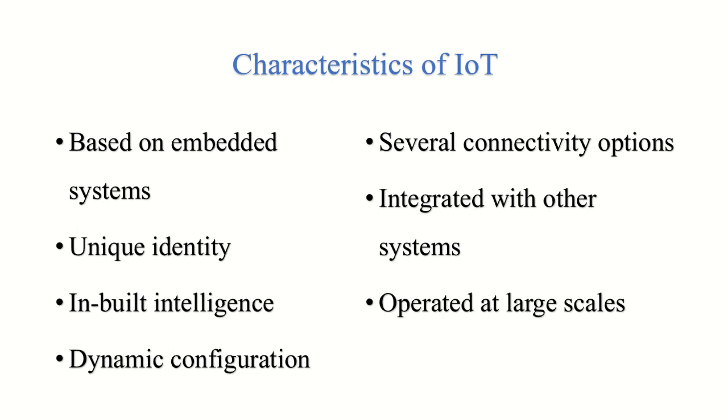And the total number of IoT devices could easily surpass the human population at this point in time if we start computing. And there are many publications who have done the research, who have said that in future the number of IoT devices may reduce, but for now they keep increasing and keep increasing, right? So they are operated at such large scales.